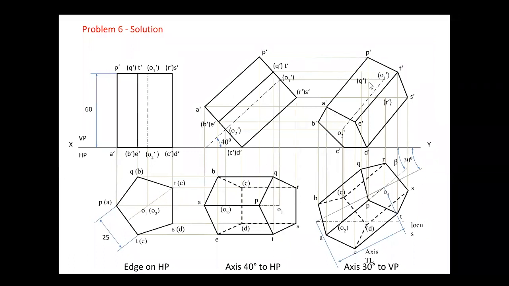So I need to find the two corners which are the farthest. The first farthest is R. The next farthest from this point, seeing it from here, is nothing but Q.